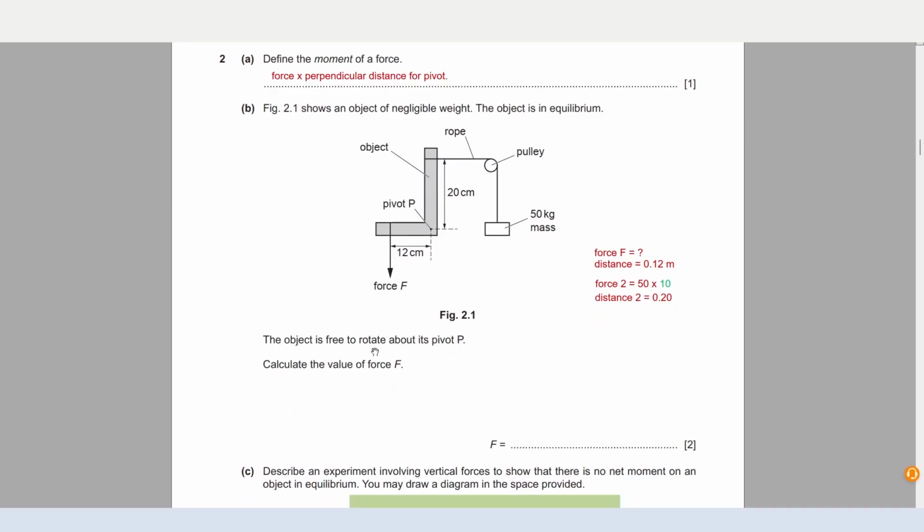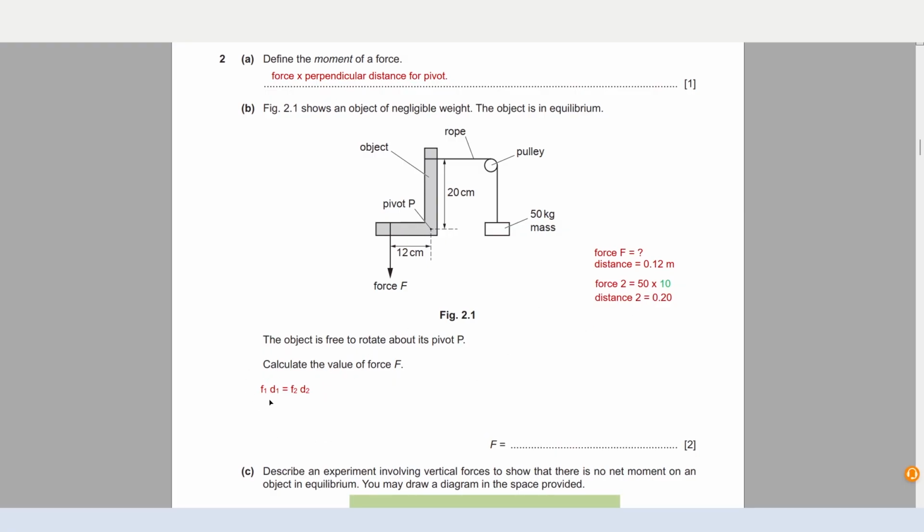The object is free to rotate about its point P. Calculate the force F. We can use our F1 D1 equals F2 D2 formula here, and we know D1, we know F2, and we know D2.